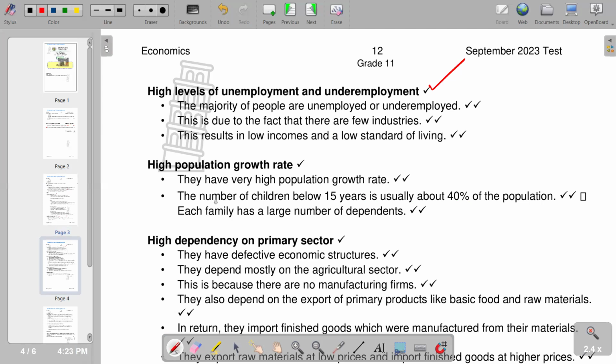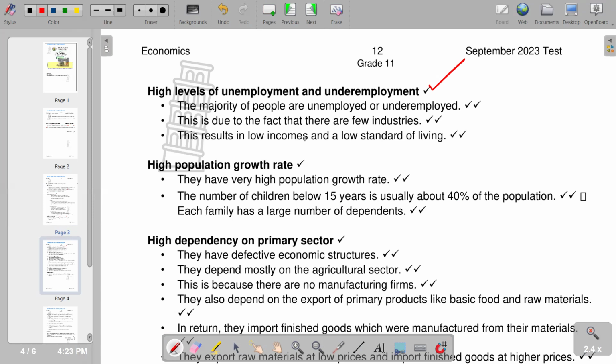The number of children below 15 years is usually about 40% of the population. This is also explained by lower access to contraceptives, which leads to a high population growth rate.